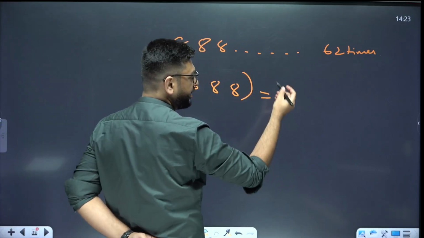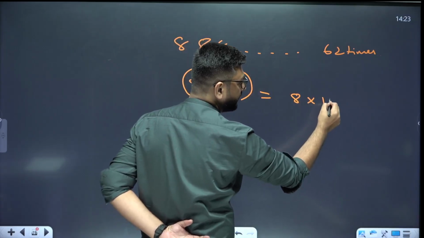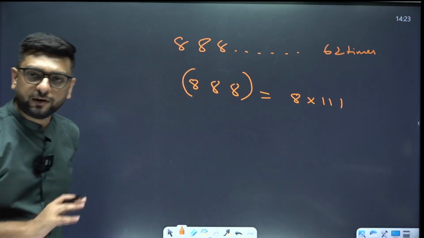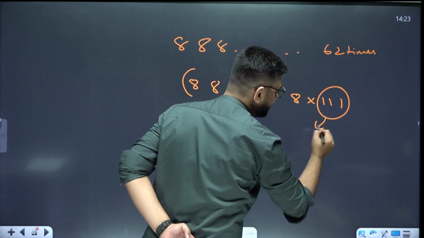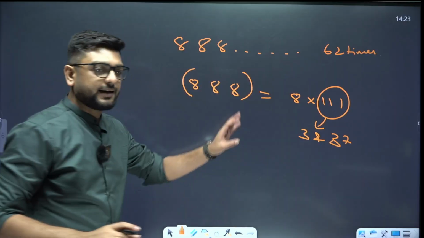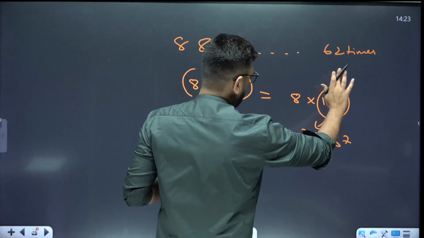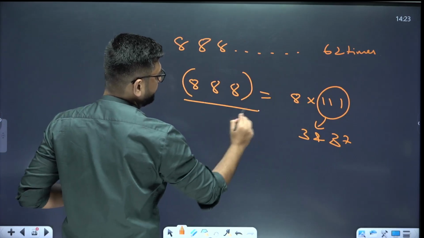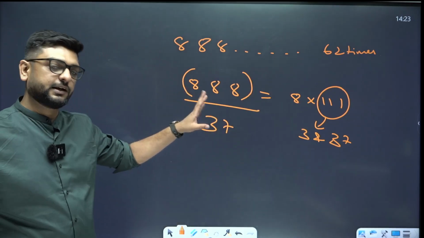Because I can write this in the form of 8 into 111. Now this 111 is divisible by 3 and 37. Clear? Now this 888 is directly divisible by 37, had it been the case that the number was 888 only.